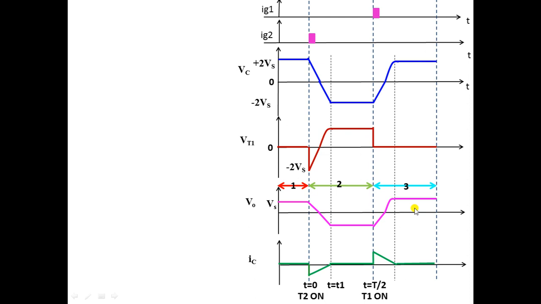Now one thing that you have to notice here is that whatever is happening in the first part of mode 2, the opposite of that is happening in the first part of mode 3.